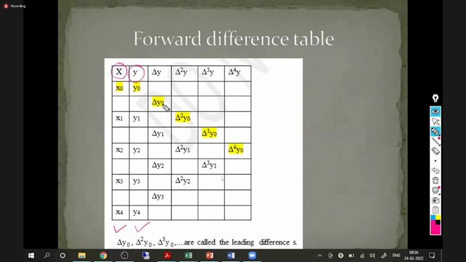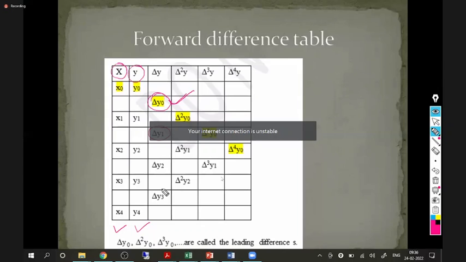Subtract on the calculator and write it here. Similarly, write delta y1, which is y2 minus y1, and delta y2, y3 minus y2. These are the first order differences.